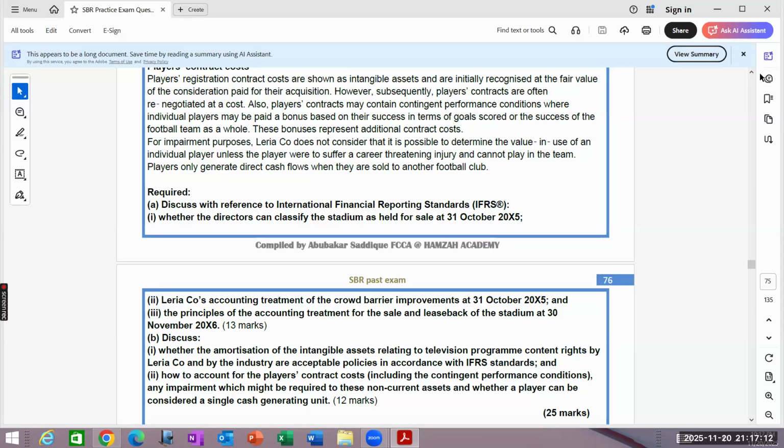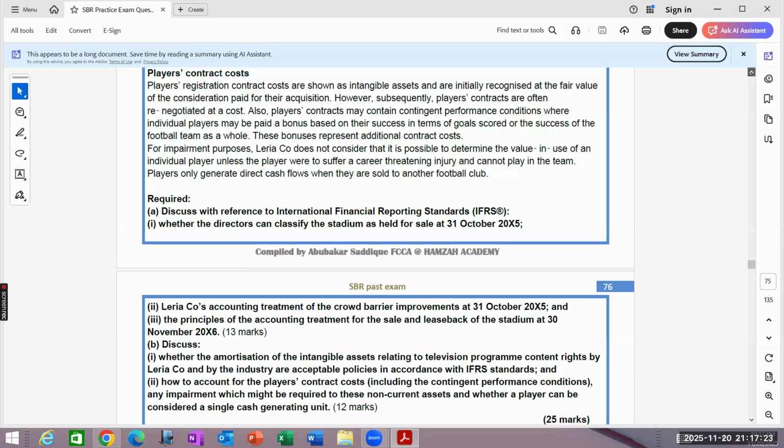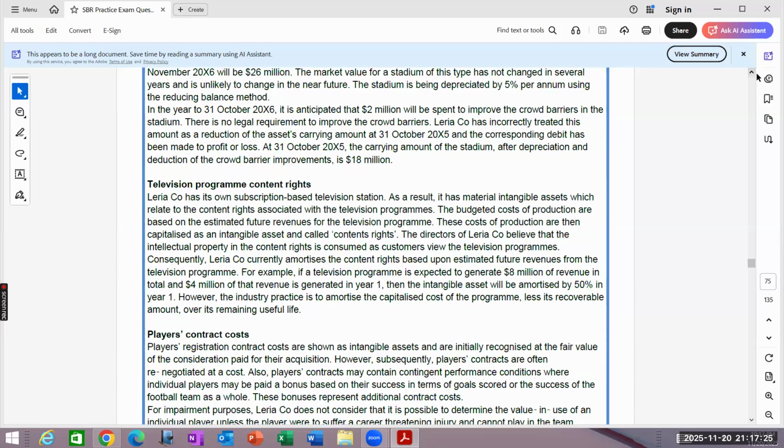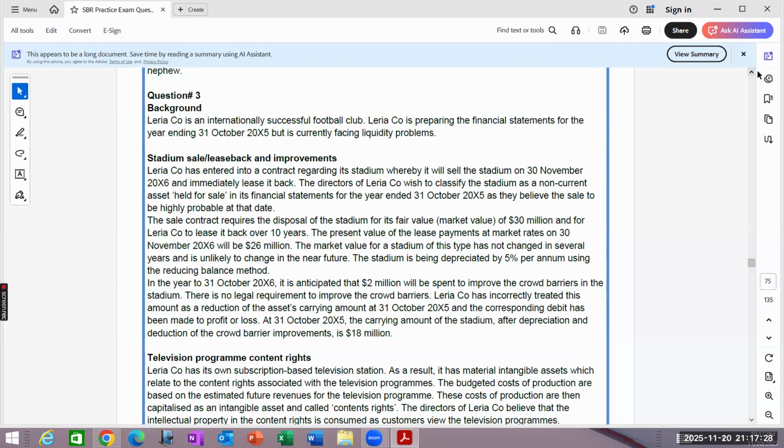Now the third requirement: the principal accounting treatment of the sale and leaseback of the stadium at 30th November X6. Now, dear students, sale and leaseback is an issue of IFRS 16. IFRS 16 says that before we apply sale and leaseback, we need to confirm whether the transfer of the asset satisfies the sale criteria of IFRS 15.